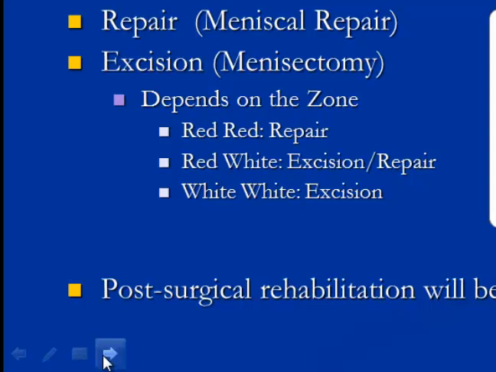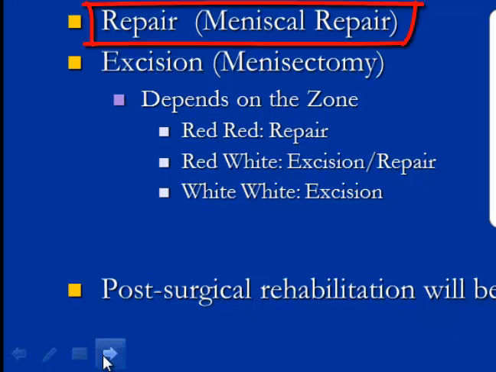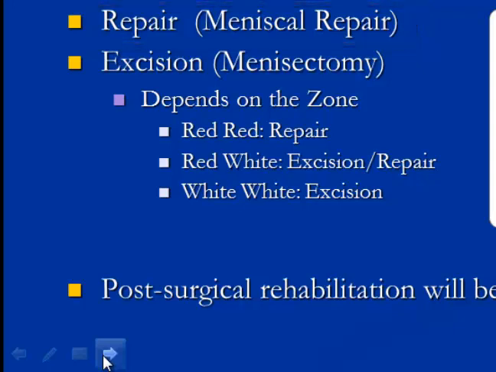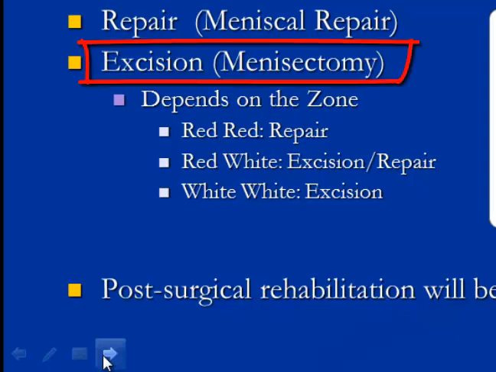So, if there is a tear in a red-red or even possibly a red-white, the physician will opt for meniscal repair. If the tear is in a white-white zone, it most likely will be an excision, which means a meniscectomy.